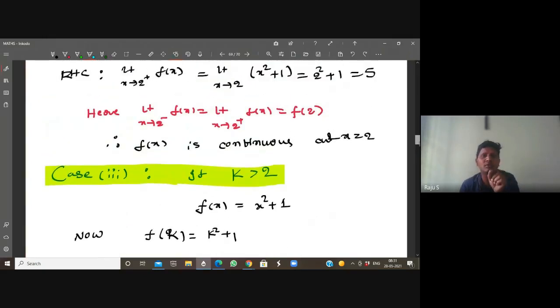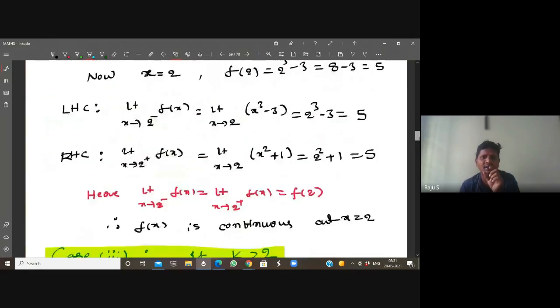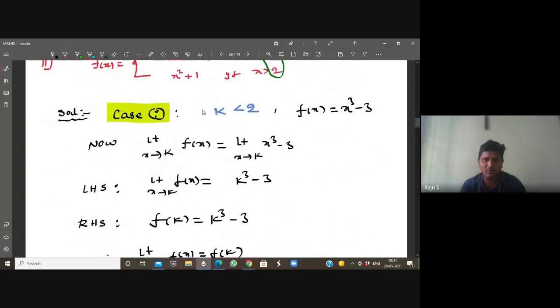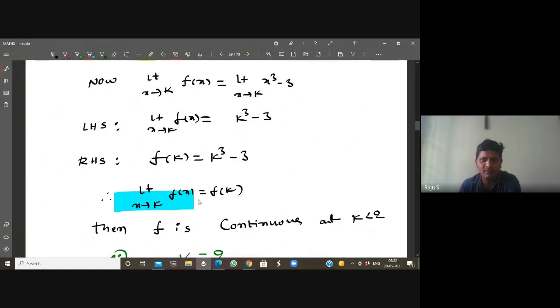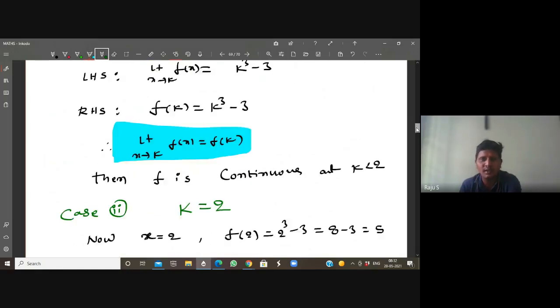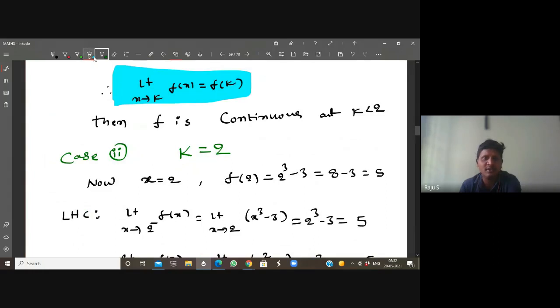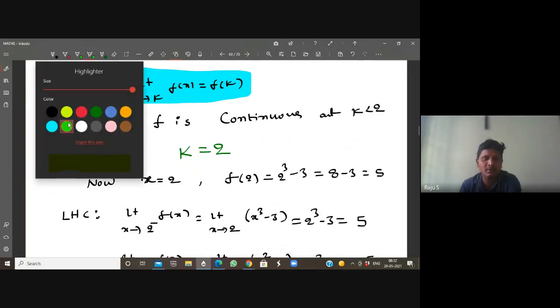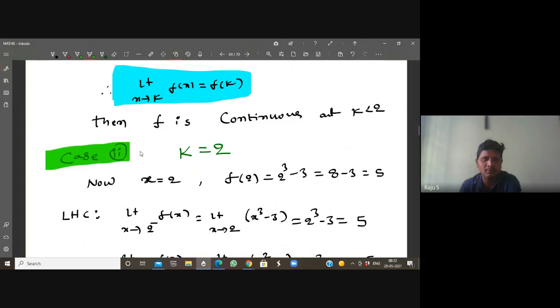We can do this in the case of only greater than or lesser than. In lesser than 2 also, what did we do? Same, we found limit x tends to k, f of x value. That's it. But at equal to 2, you should find the left hand continuity and right hand continuity at that particular point, at that particular value, right? That's it.